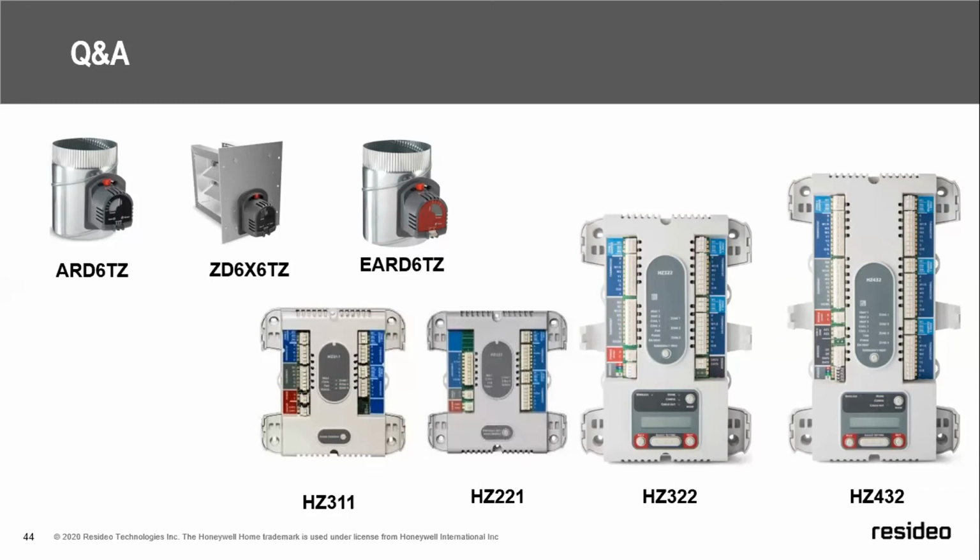Go ahead. I wanted to mention something that I failed to mention during the presentation, and that is how incredibly important it is to do the system test mode on the 322 or the 432. And here's the reason why. You want to make sure that your thermostats are configured properly.